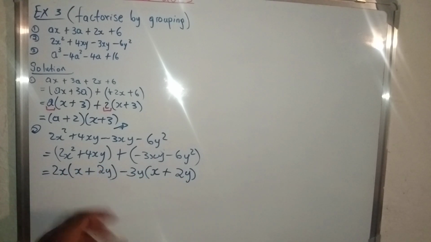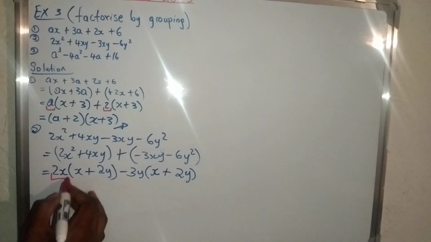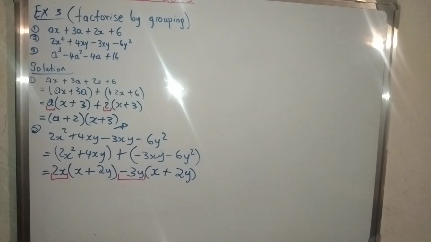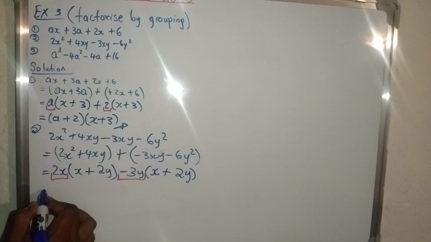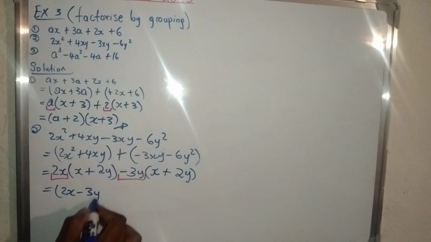These two brackets look the same. So what do we do then? We do like we did in the first question. We take their coefficients and then we group them together. So it's going to be 2x minus 3y.